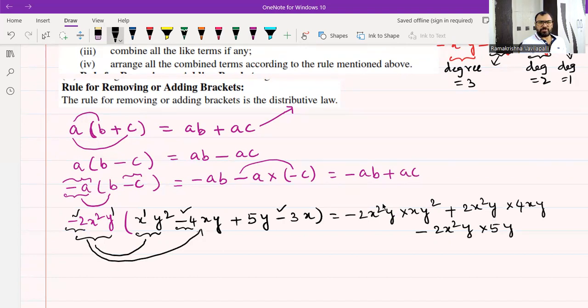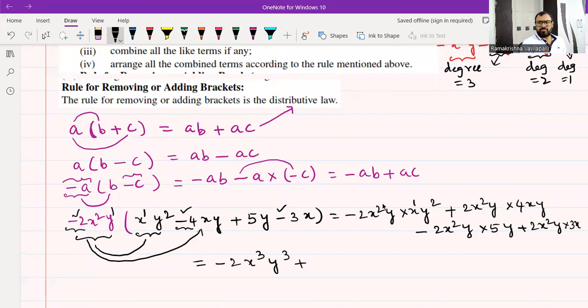Again, plus minus into minus plus 2x square y into 3x. This is the process. Now further we simplify this as minus 2 times x square into x, which is nothing but x cube. X is multiplied 3 times and y is multiplied 3 times.